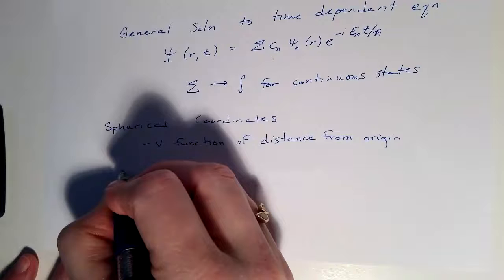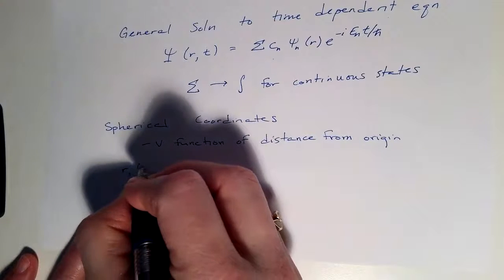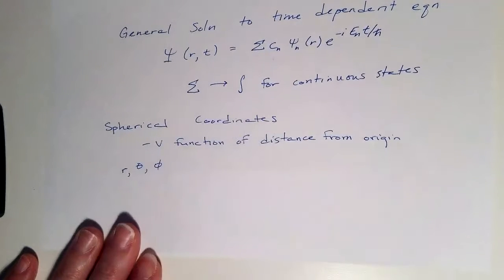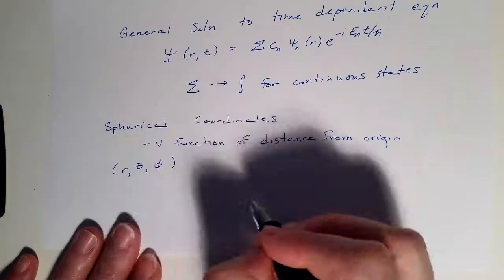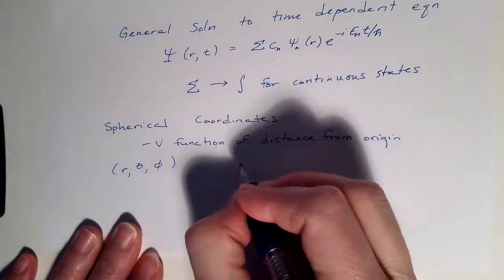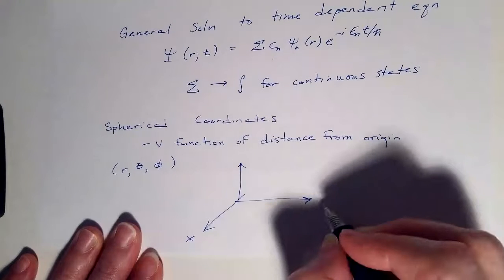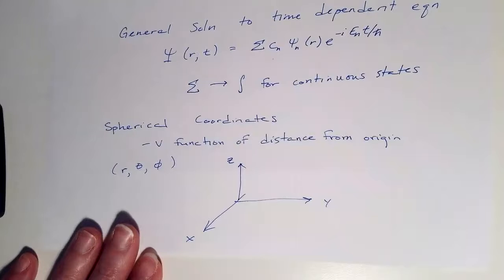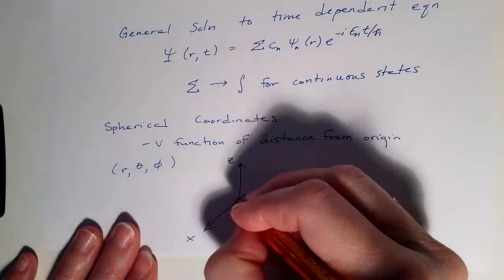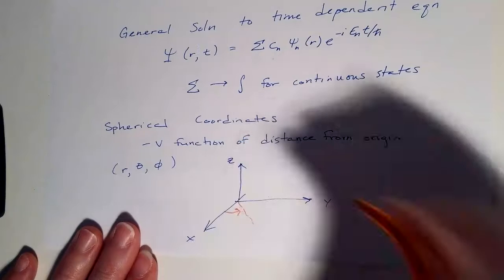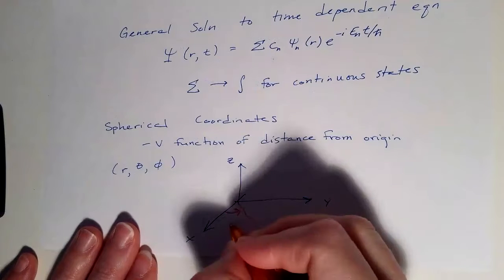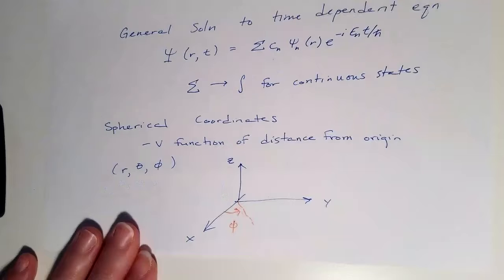We are going to talk about spherical in terms of r, theta, and phi. So how did we define r, theta, and phi? In Cartesian, I have my x, y, and z. If I want to talk about a point out in space, I might first go on the xy plane and measure a certain distance around; that is phi.